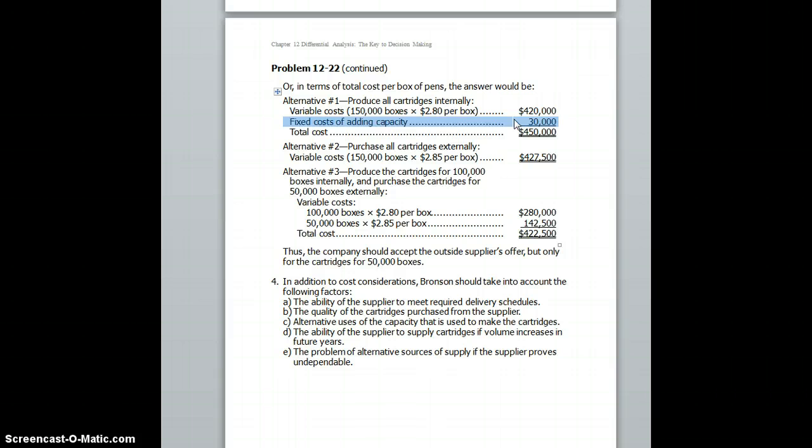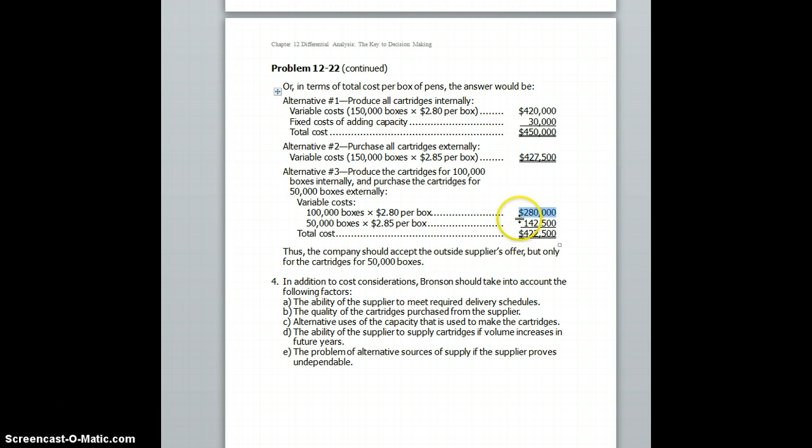To purchase all the cartridges externally, we need to purchase 150,000 boxes. The cost to purchase a box is $2.85 per box. Total cost would be $427,500. And finally, alternative 3 would be to produce 100,000 boxes and buy 50,000 boxes. To produce 100,000 boxes at $2.80 per box would be $280,000.